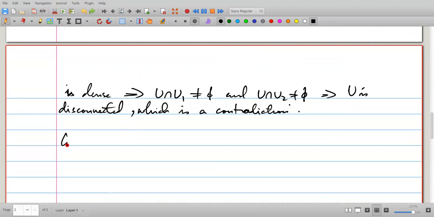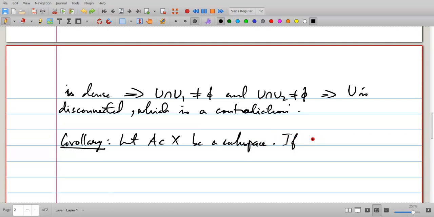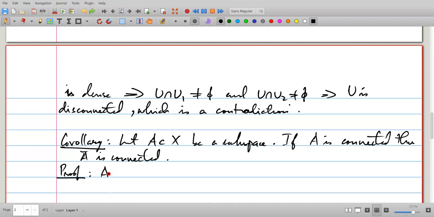So as a simple corollary, we get: let A contained in X be a subspace. So it's a subset and it has a subspace topology. If A is connected, then the closure of A is connected. And the proof is obvious. A is dense in its closure, something which we had seen.